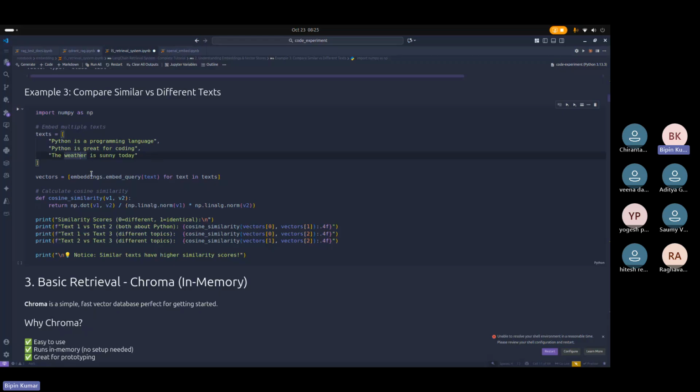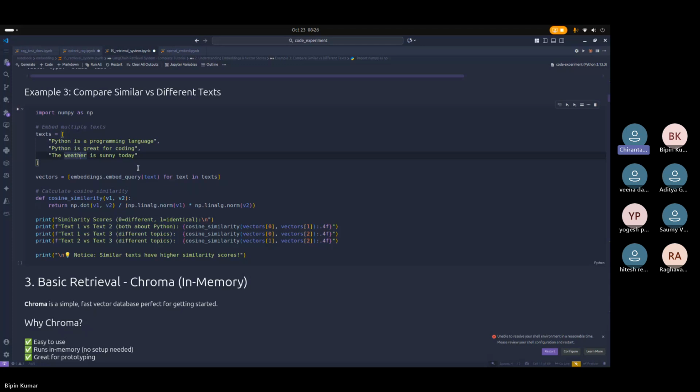Based on your intuition and the formula you have seen, if I calculate the cosine theta or similarity between vector 0 and vector 1, vector 0 and vector 2, and vector 1 and vector 2, which one will have the higher value? Which group?